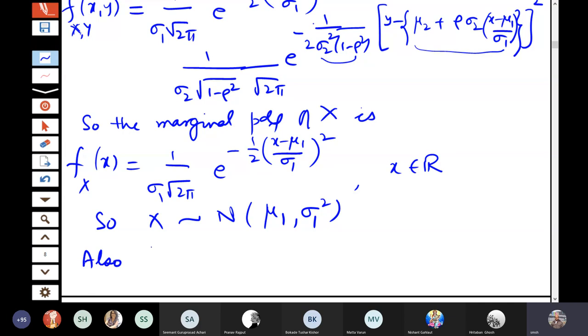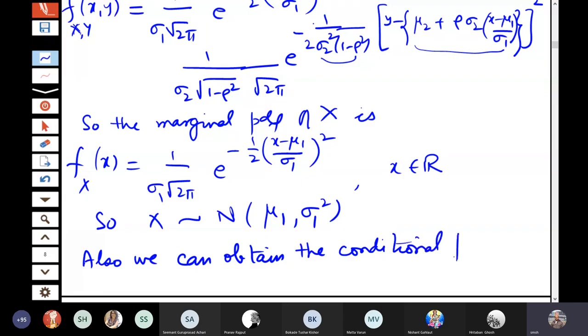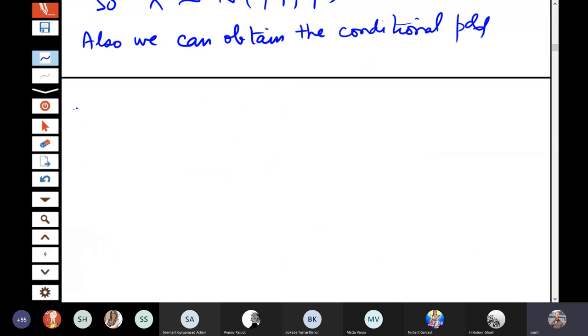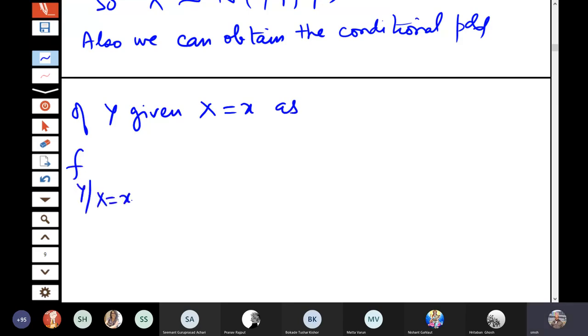Also we can get the conditional PDF of y given x, with whatever notation I defined in the last class. I will use that notation.